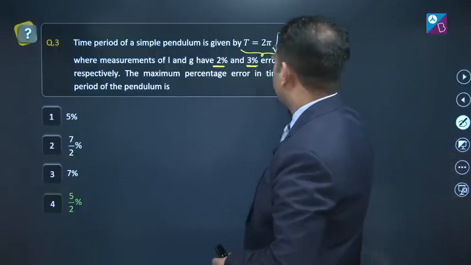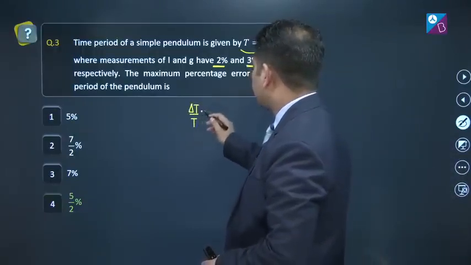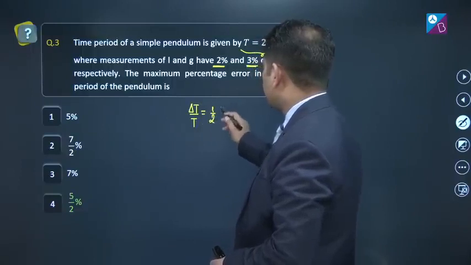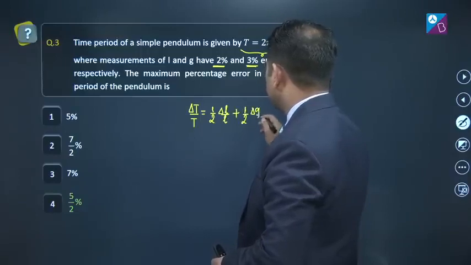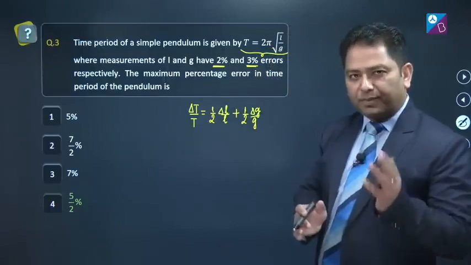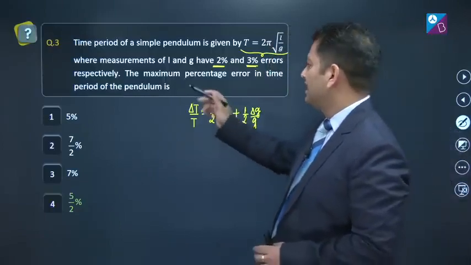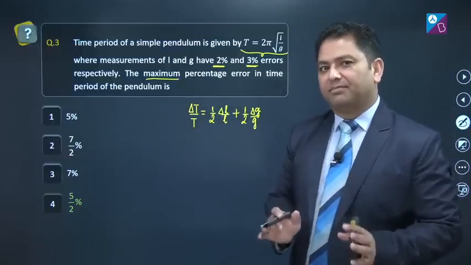The power of L is half. So, delta T by T is 1 by 2 delta L by L plus 1 by 2 delta G by G. ये बात सच है that G is in denominator, but because we have to calculate the maximum percentage error, so that would also be added up.